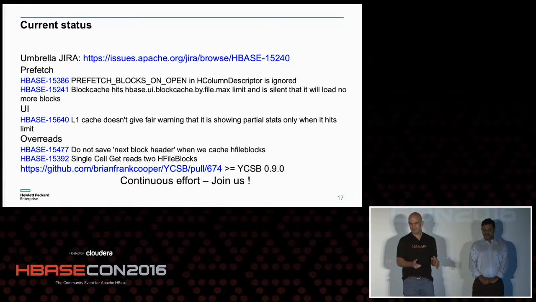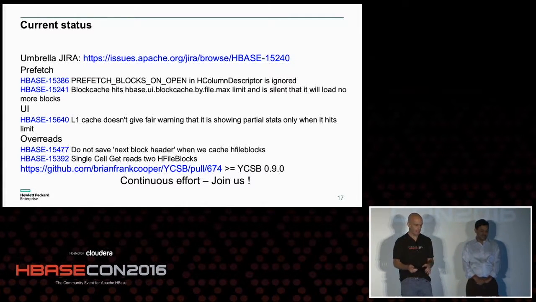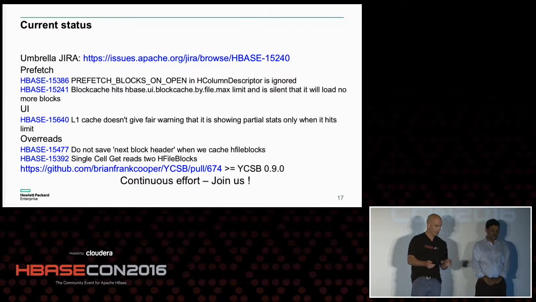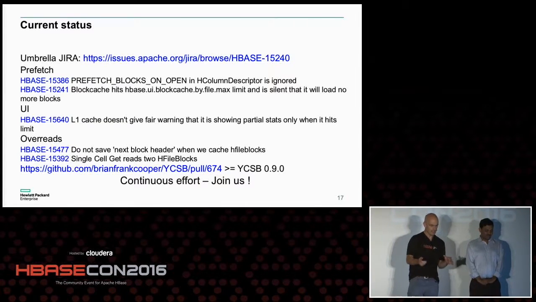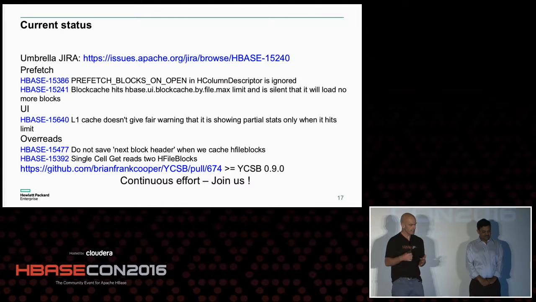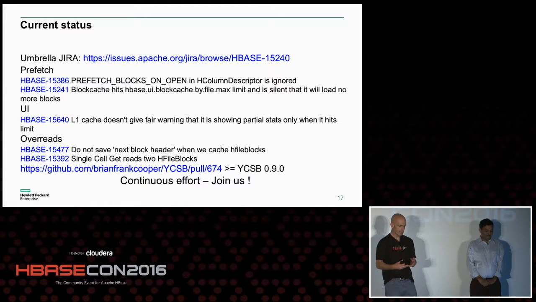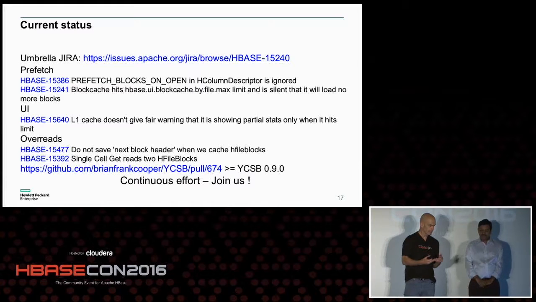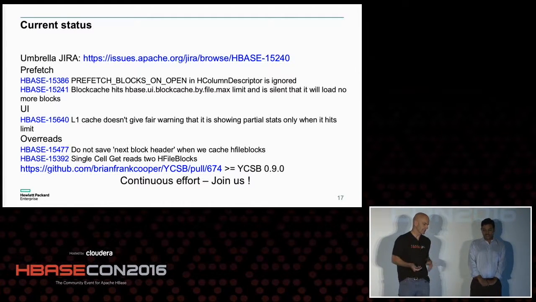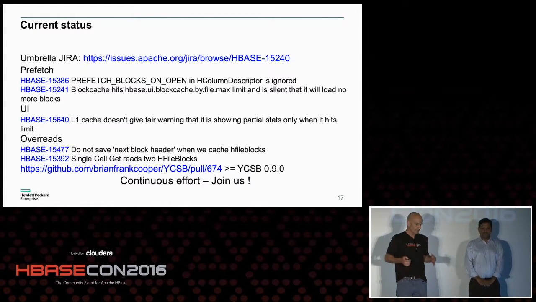So we fixed some of the stuff, but there's still a load to do. There's an umbrella issue with the general list. Efficiency is a big one. We can work on getting more data into the cache with bucket cache. But we worked on things like just going big.